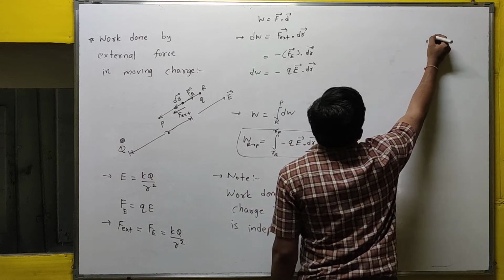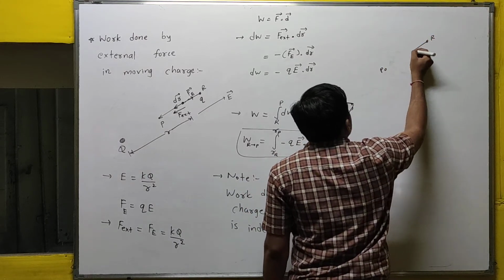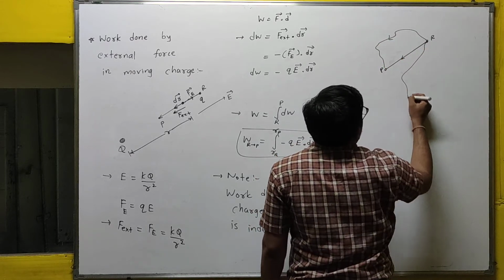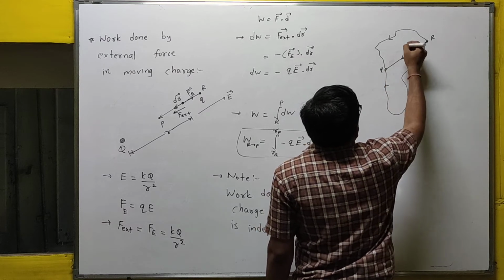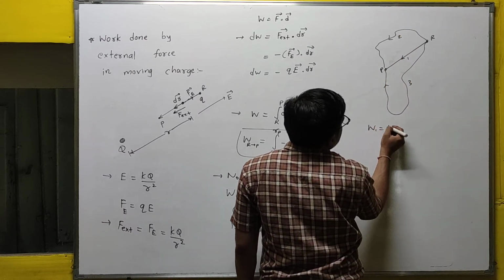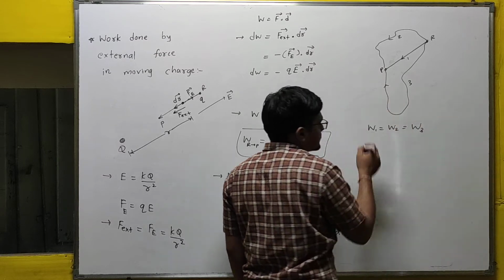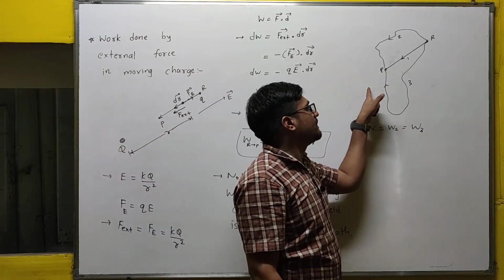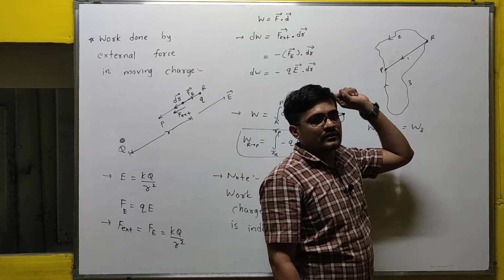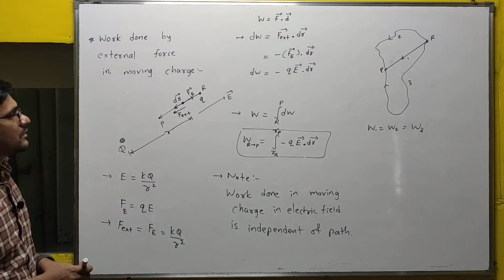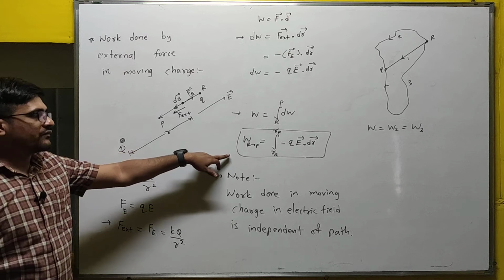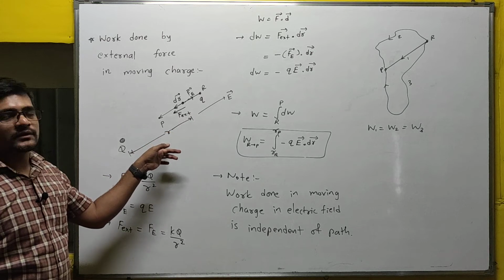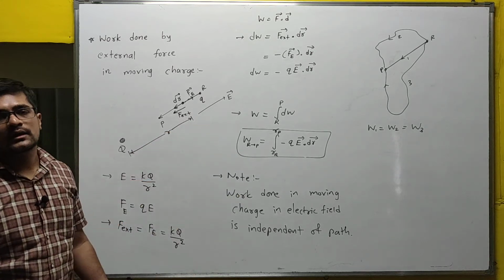If you take this charge from R to P straight, or you can select a path like this, or you can take the charge in this path, the work done in all these three paths is similar. If you calculate the work done in all these three paths, they are similar. So work done is independent of path. It depends only on the initial and final position. Right? So you have to remember this point also, and you have to remember the formula of work done by external force in moving a charge in the opposite direction of electric field, that is equal to the integral of minus qE dot dr. Right?